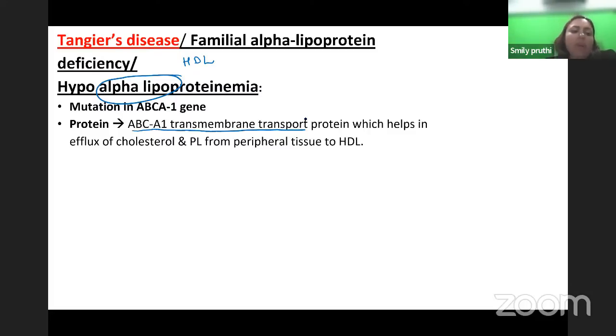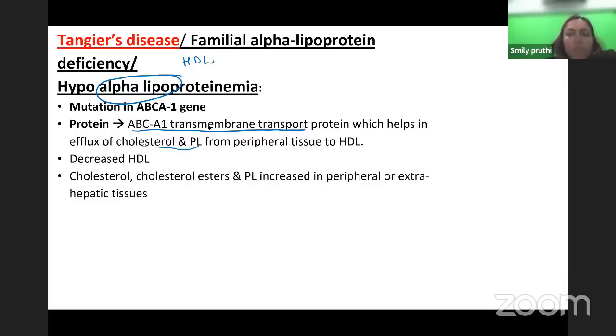This protein helps in throwing cholesterol and phospholipids out from peripheral tissues to HDL so that mature HDL is formed. So see, when cholesterol is given to HDL, only then the fully mature HDL will be formed. Otherwise fully mature HDL will not be formed. That's why these patients have hypo or decreased HDL.